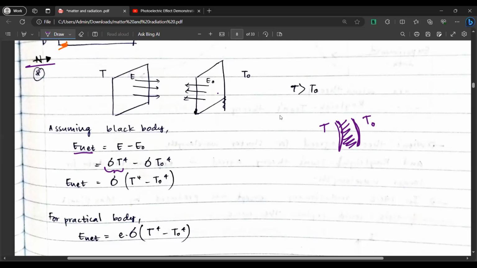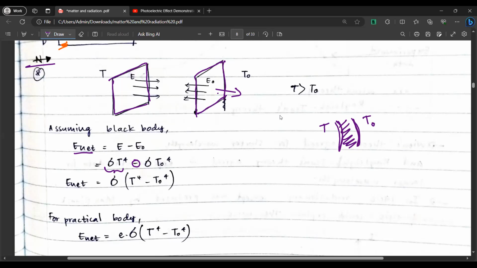Now, here, why did I use negative? The reason is when this emits, this is going to absorb, right? This is going to absorb a certain amount, and only the remaining will pass through this wall. That is why we have negative. Okay, some of it is absorbed.